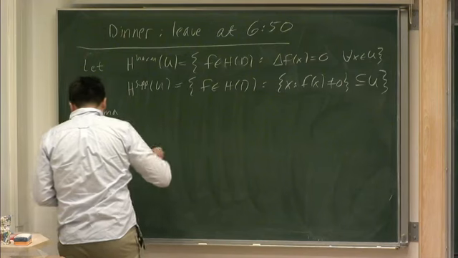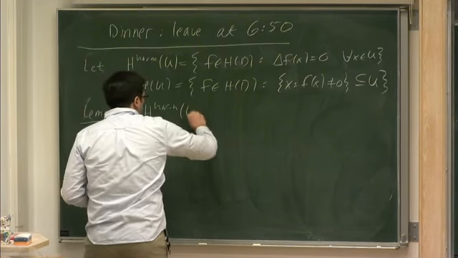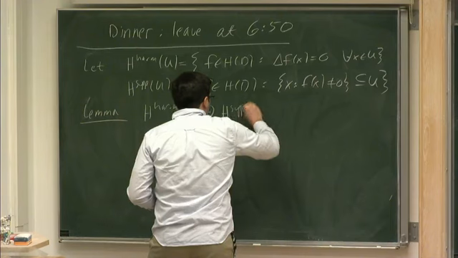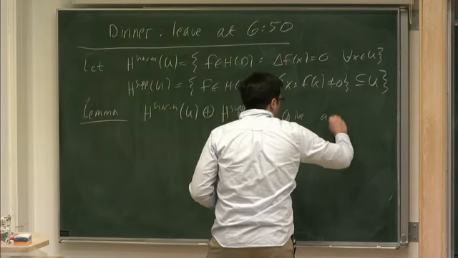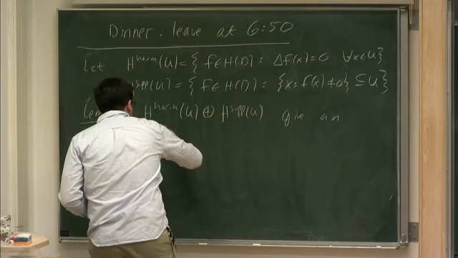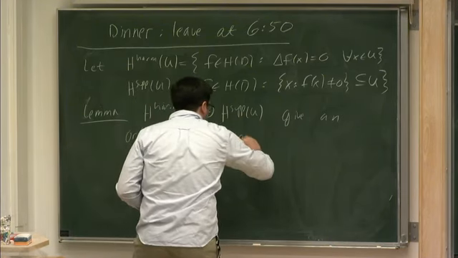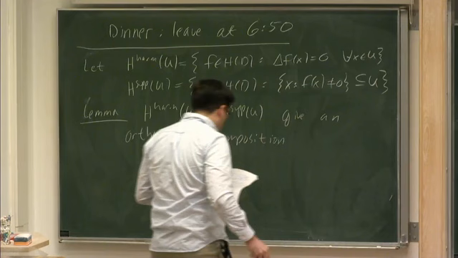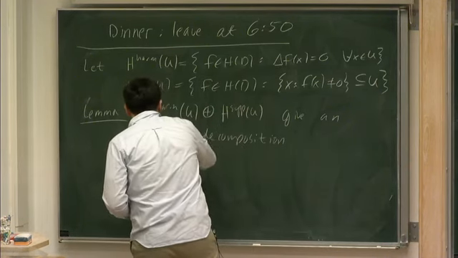This lemma says that these two spaces together, H harm of U and H sup of U, give an orthogonal decomposition of H of D. This is the main fact that will let us prove the Markov property.